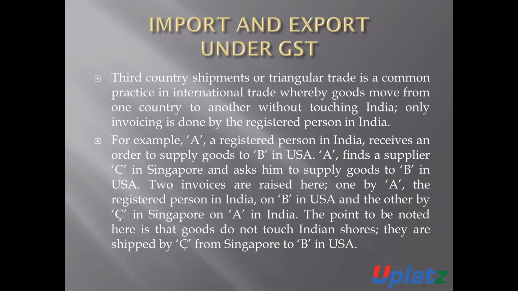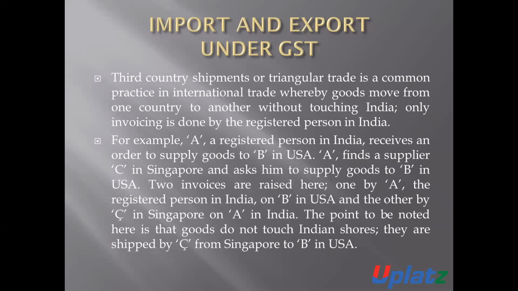So in this case, two invoices are raised. One by A, who is the registered person in India, on B, who is in the USA. The other invoice is issued by C in Singapore to A in India.